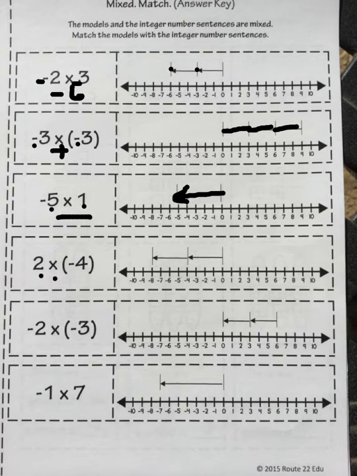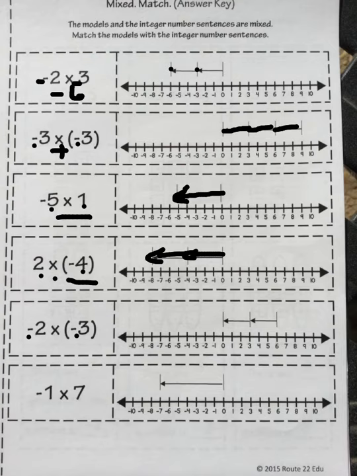2 times the negative 4. Okay, I have a positive 2 and a negative 4, so my answer is going to be negative 8. When I multiply 2 times 4, I get 8, but it's a negative 8. Again, we have the chunks of 4, and they're twice because it says 2. Next, I have negative 2 and a negative 3.